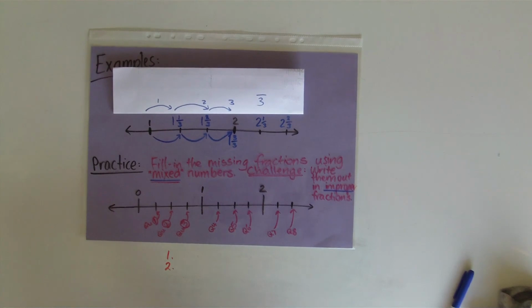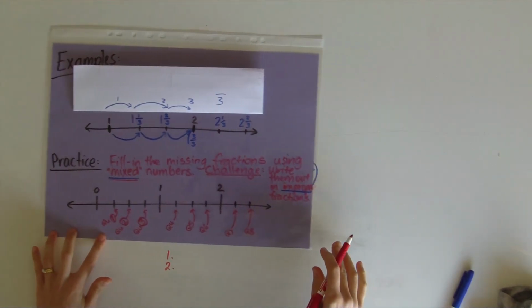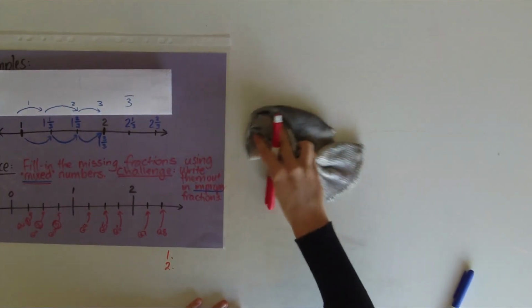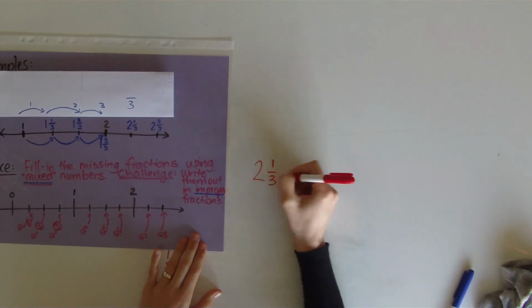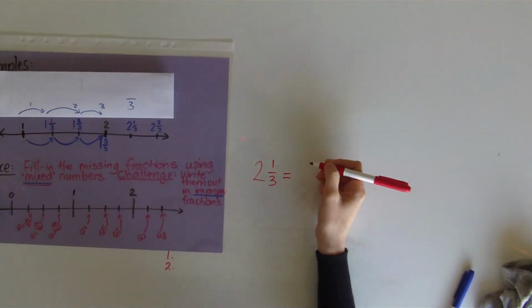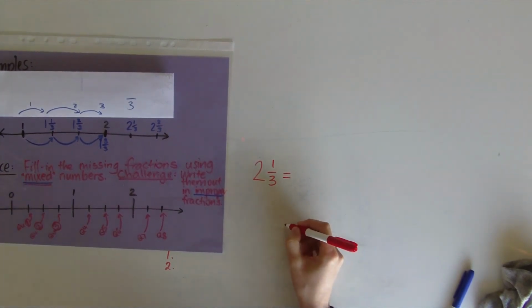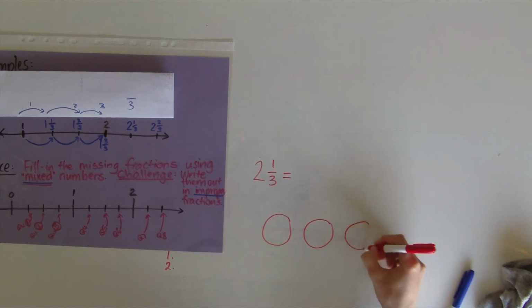Just to give you a quick hint on how to work out the improper fraction, you can rewind that video, or I'll give you another example very quickly. Just rub that one out. If I had 2 and 1/3 and I wanted to write it as an improper fraction, I would simply try and draw it out. This is what I would be doing if I was having trouble figuring it out.